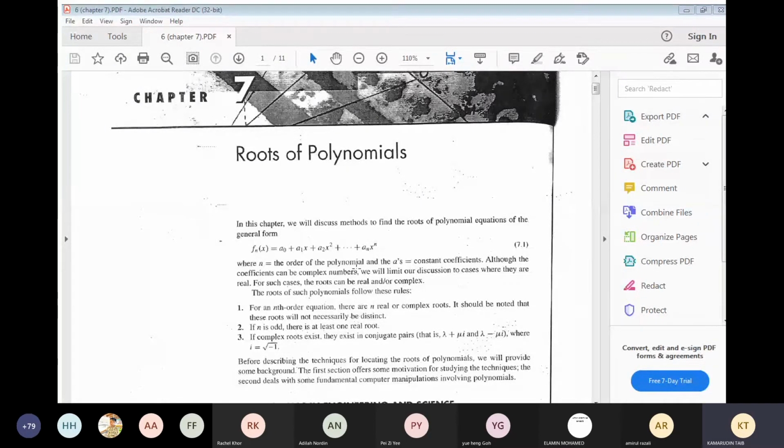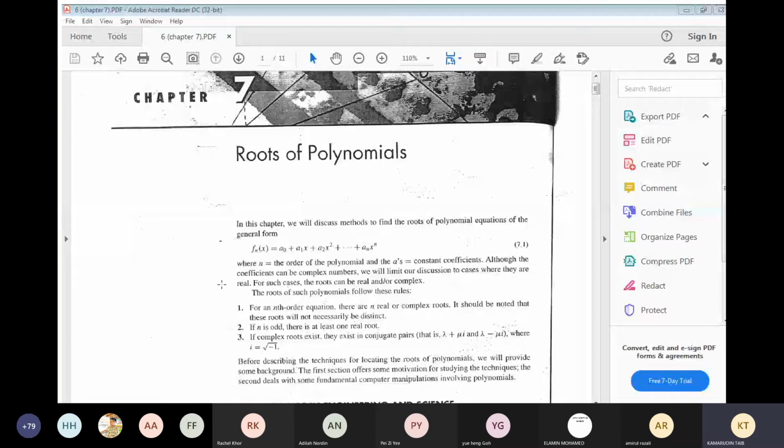Don't use complex numbers. For example, a can be 2i, 10i, where i is the square root of -1. But we are not going to get involved in complex numbers for the coefficient. We only limit it to real number coefficients.